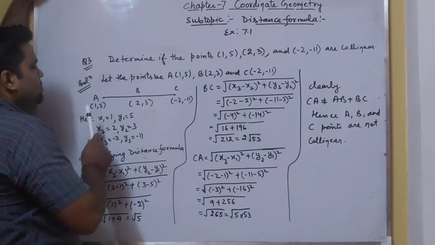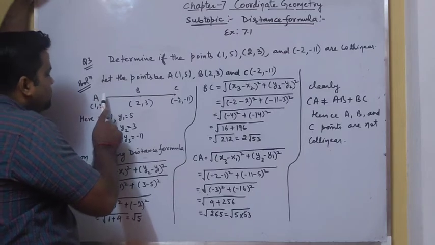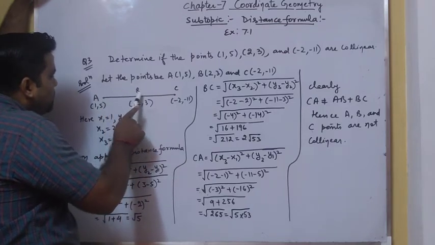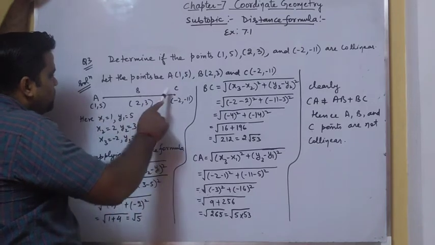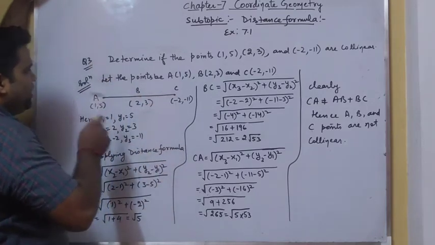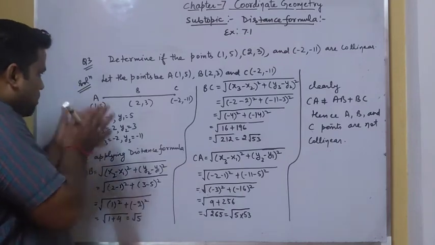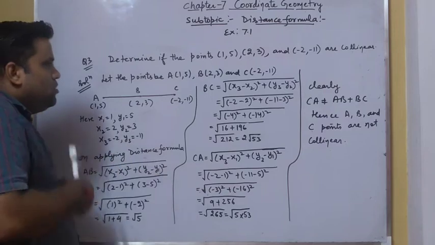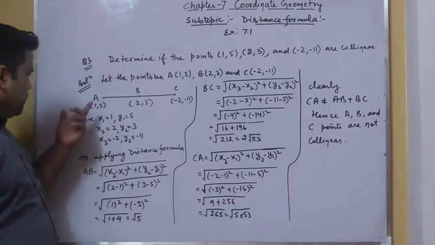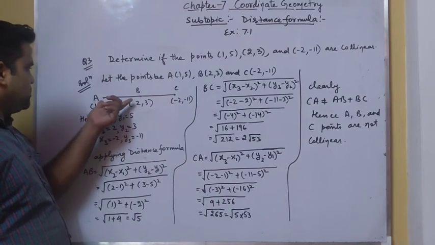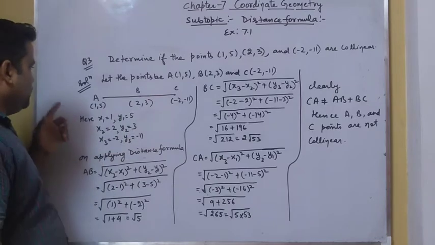So here, by using the distance formula, we have to check. If the sum of the distances AB and BC is equal to the distance AC, then we can say that the points are collinear. That means if the sum of the smaller distances is equal to the whole distance, then the points are collinear. First of all, we try to find the distances AB, BC and CA.